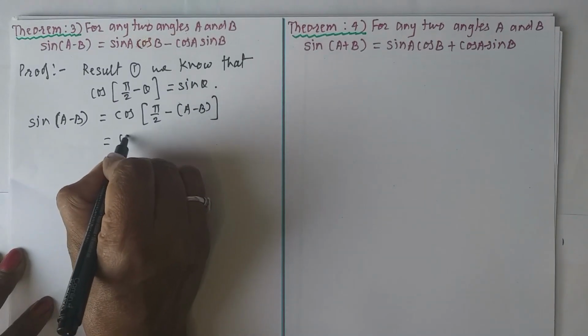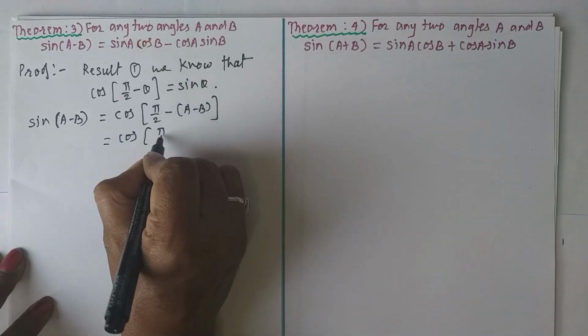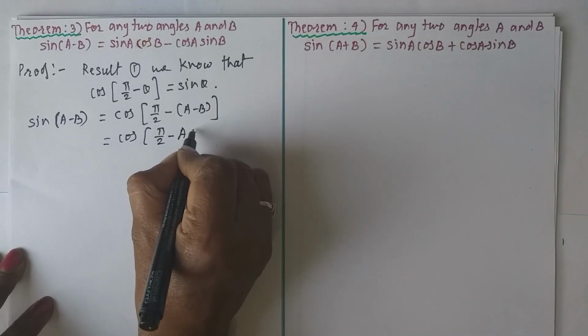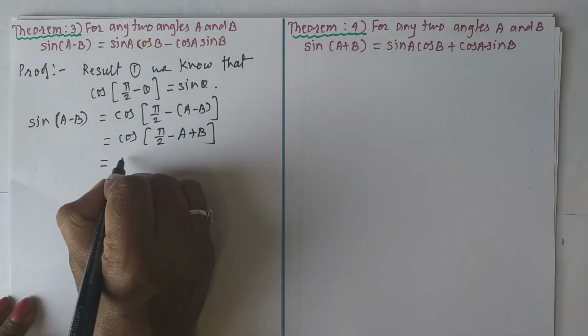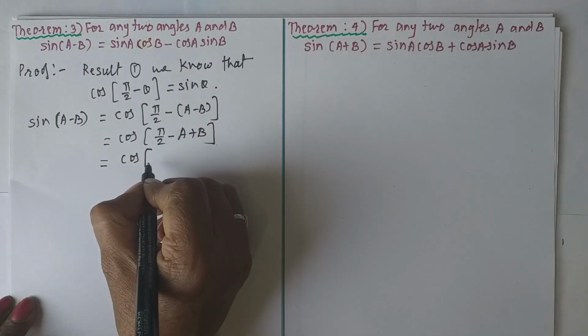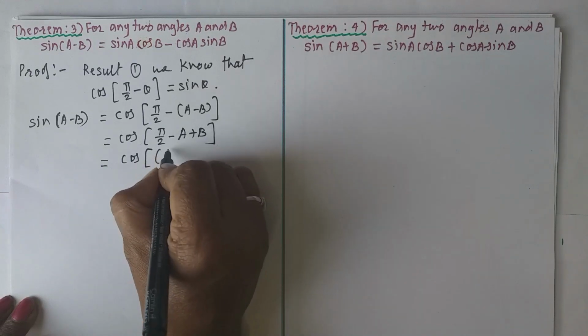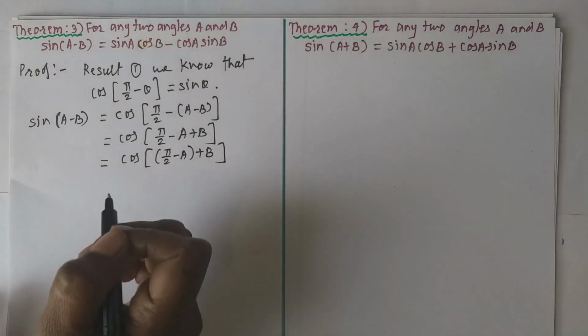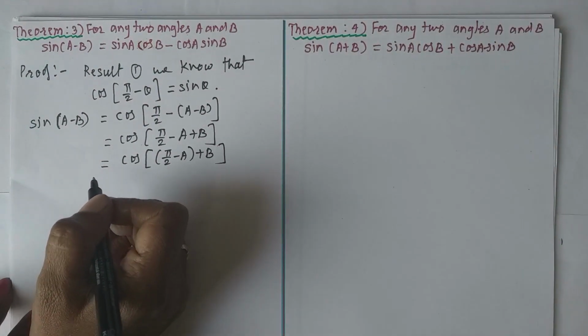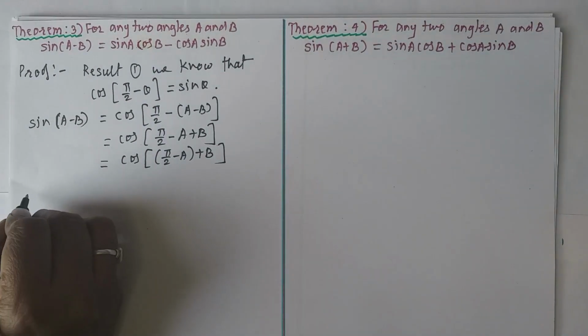Now, open the bracket. This will be cos pi by 2 minus A plus B. Now I will write this cos in the bracket, taking these two terms together: pi by 2 minus A, plus B. Now use the formula of cos A plus B. What is that?